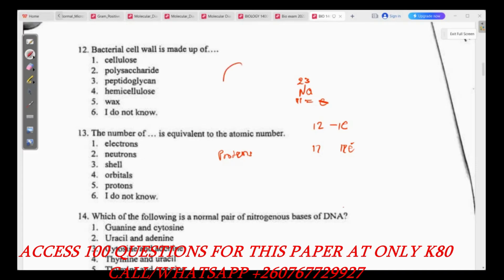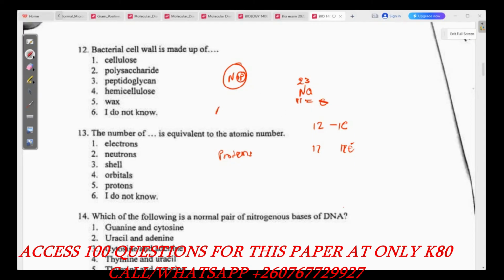These protons are found in the nucleus. The nucleus of an atom contains neutral particles, known as neutrons, and also positively charged particles, known as protons. These protons are what give the proton number, or atomic number, of an atom.